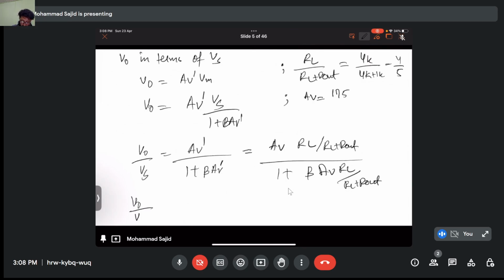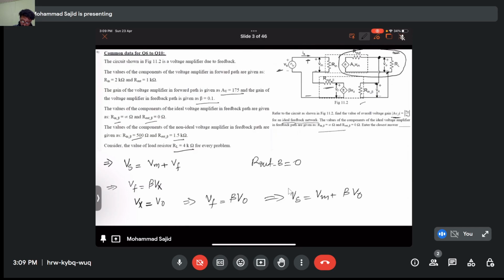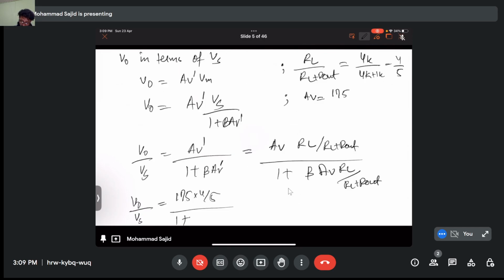So we know V0 by Vs will be 175 into 4 by 5, divided by 1 plus beta, where beta is 0.1, times 175 into 4 by 5.